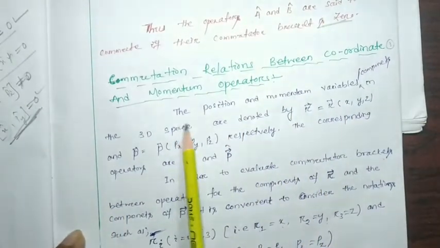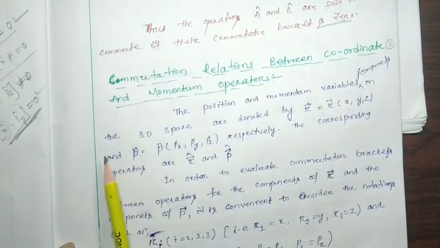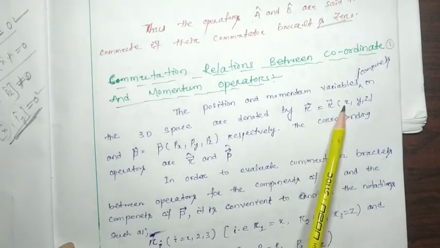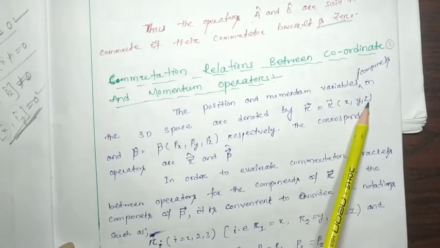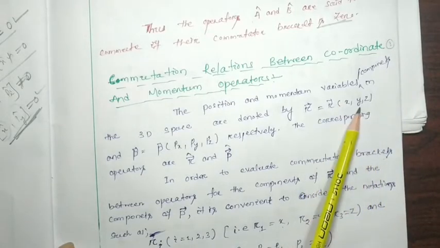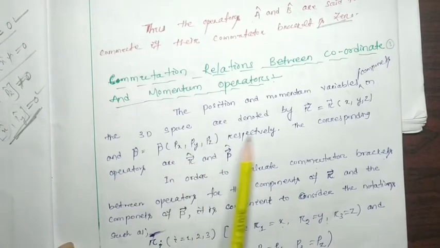So the position and momentum variables or components in 3D space are denoted along the x-axis, y-axis and z-axis. That means position R in 3D has three components: x component, y component, z component. Likewise, momentum has three components x, y, z, which can be represented by px, py and pz respectively.